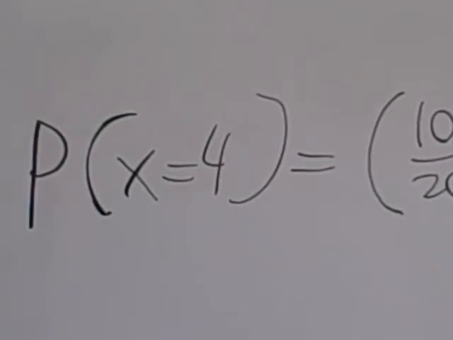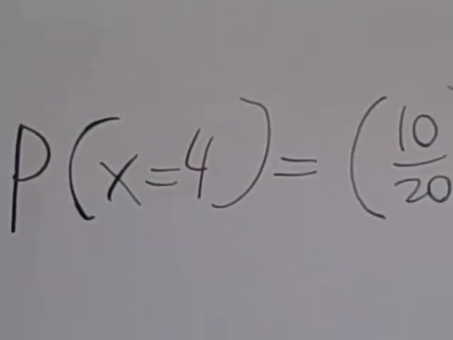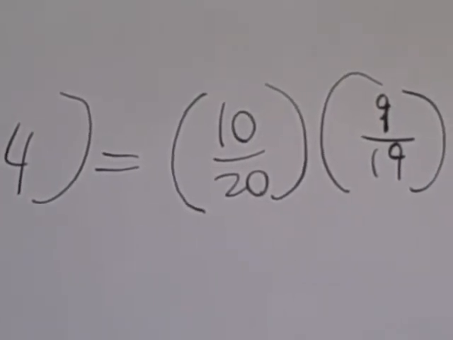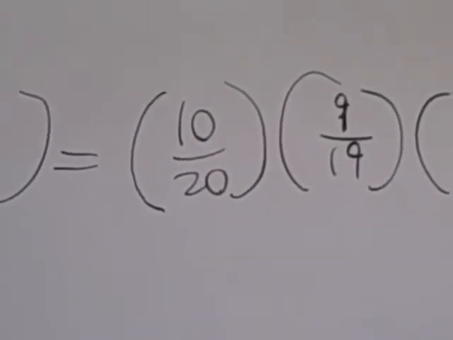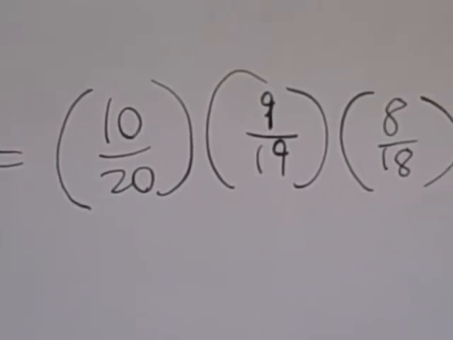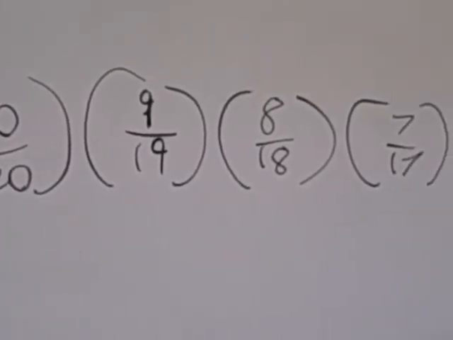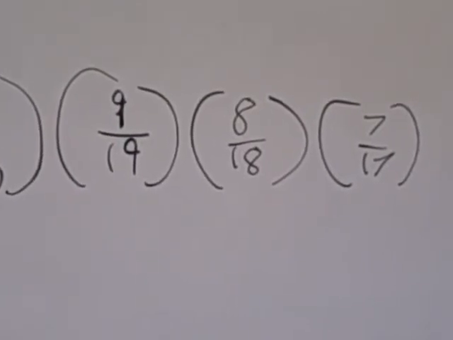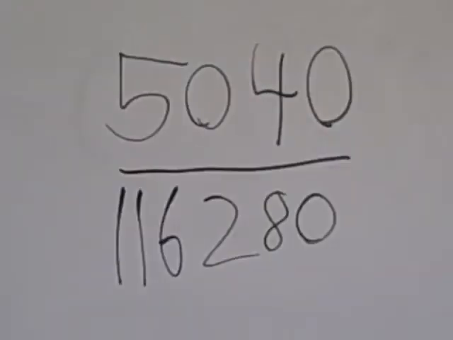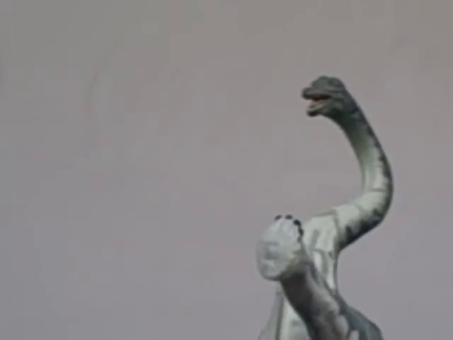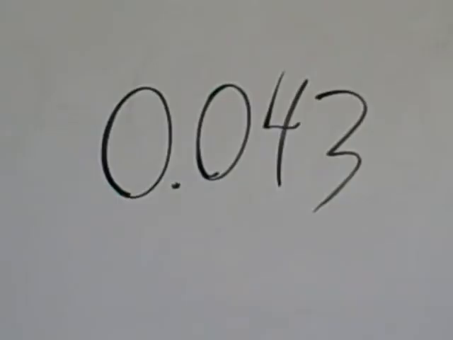Your P(X) will have X equaling 4, and then as you go on, these are the numbers you need to use. 10 over 20, which is how many male brontosaur bones there are. 9 out of 19 after you take 1, 8 out of 18 after you take the next, and after you take the last, 7 out of 17. Now, if you did your math right, this is the fraction you should get. Now you can reduce that into decimal form for your answer, which is 0.043.